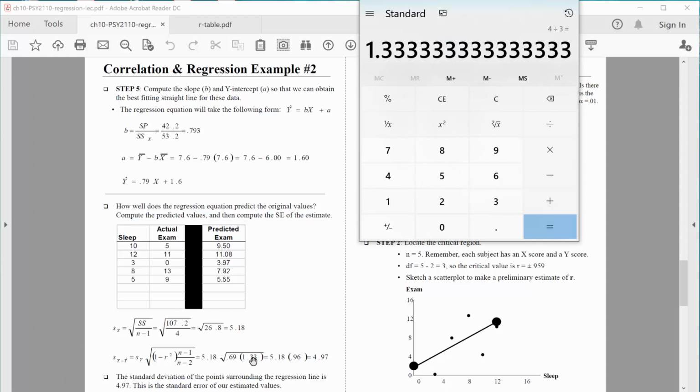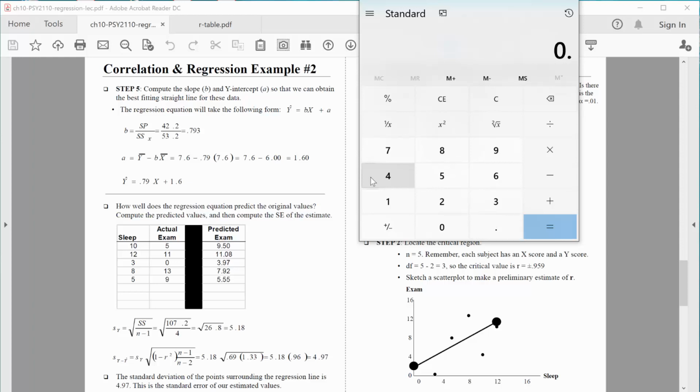Now we need to multiply these two things. Eventually we'll take the square root of it, and then we'll multiply by 5.18. Let's first just multiply these two values. So let's take 0.69 and multiply that by 1.33. That equals about 0.9177. We need the square root of that. We could, of course, just hit our square root key. Normally in class, we take things one step at a time and we round things as we go.